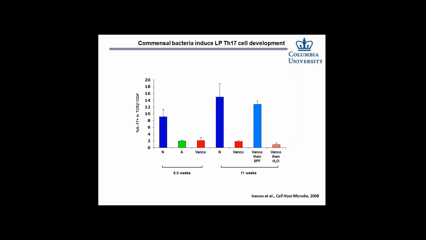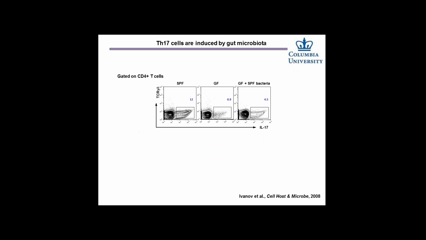And this now recovers Th17 cells. So this strongly argues that the effect that we see on Th17 cells is indeed due to the presence of commensal bacteria.